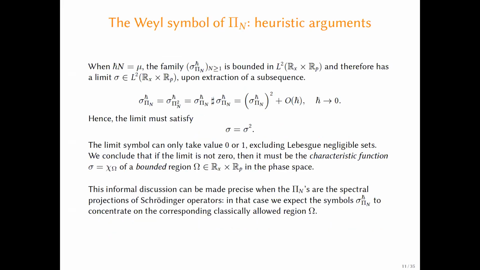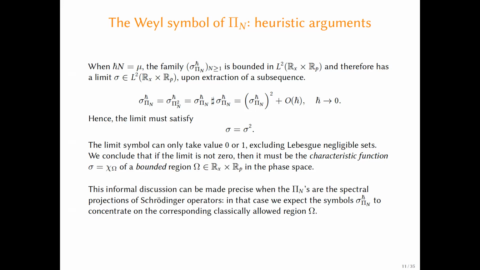Okay, now a sort of heuristic argument of what happens in the limit. As we noticed, this sequence is bounded in L2. It's a constant, all the L2 norms are constant. And so it admits, up to a subsequence, a certain limit that we call sigma. Since the projection is equal to the projection squared, the two Weyl symbols must coincide. But the symbol of P squared is the Moyal product of sigma P_n times sigma P_n. And in the semi-classical limit we, in a certain sense, expect that this is the pointwise product, so it is sigma P_n squared.